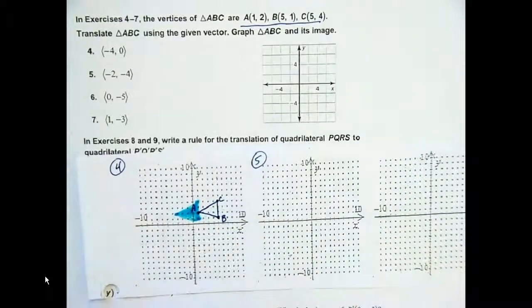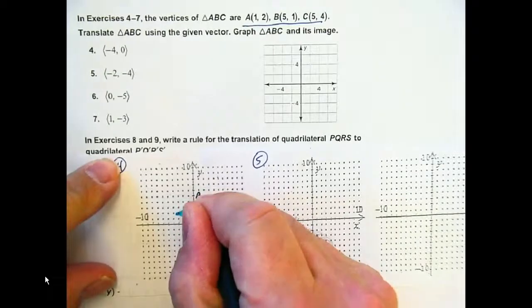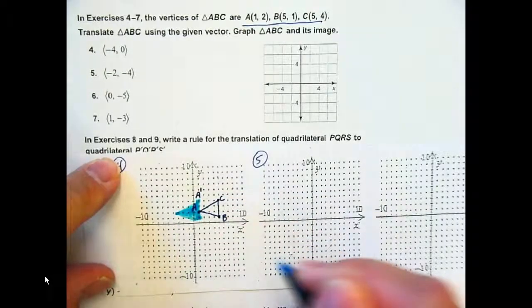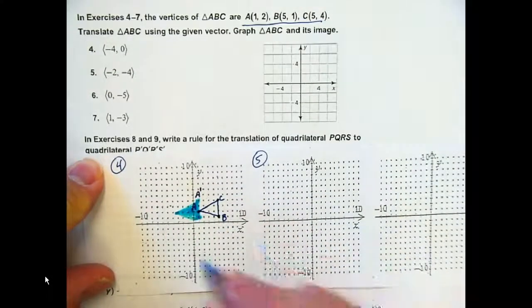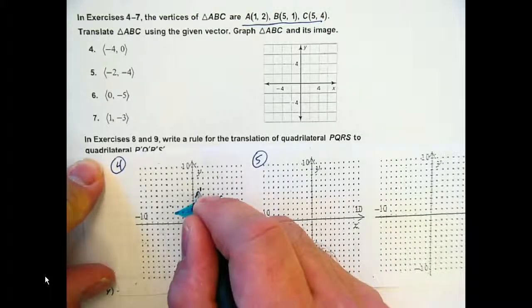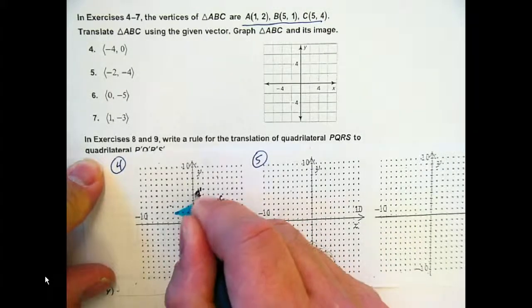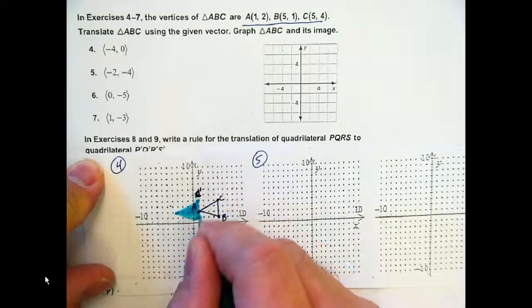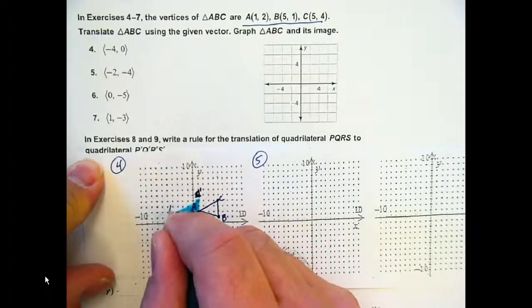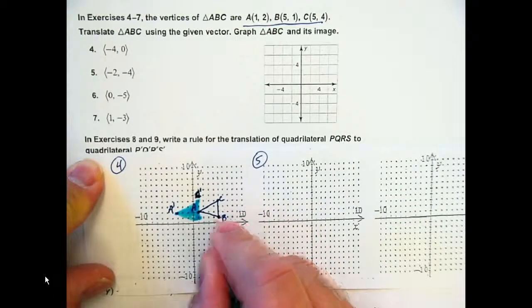Now, probably not the best thing to use a highlighter on, but that's what I've got. And what we're going to do is label these points. This vertex would be called A prime. We put a little mark above it. This one would be C prime, not A prime, because it was that point. This is the sliding of A, so we call that one A prime, and this one would be B prime.